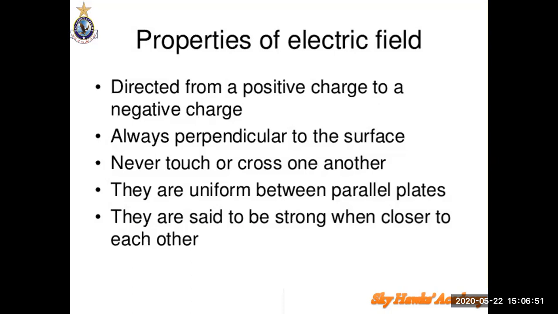Anybody can ask what the main characteristics or features of the electric field are. These can be asked as true or false statements, MCQs, fill in the blanks, or whatever the format is. But you must keep these points in mind when talking about the electric field, as all these features are there in each and every electric field.